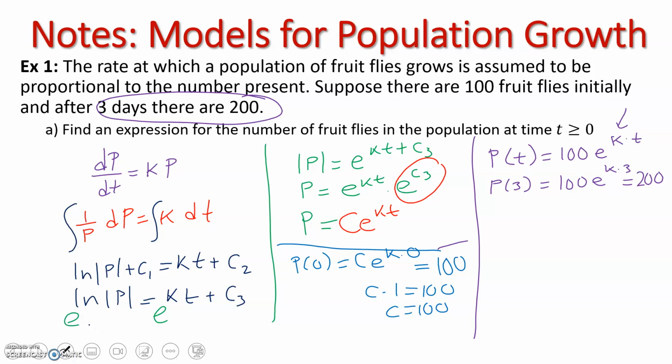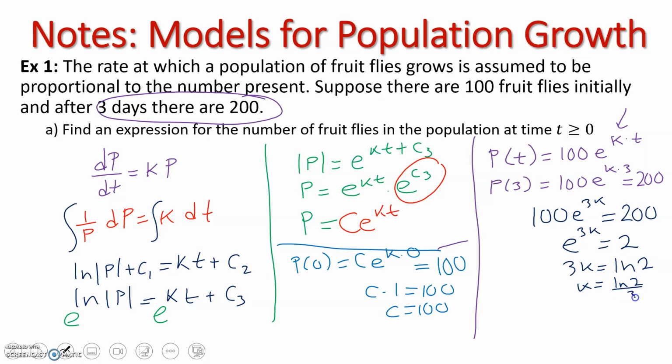So we have here 100 e to the 3k is 200, and divide both sides by 100. We get e to the 3k is 2, ln of both sides, we get 3k is equal to ln of 2. Divide both sides by 3, we get that k is equal to ln of 2 over 3.